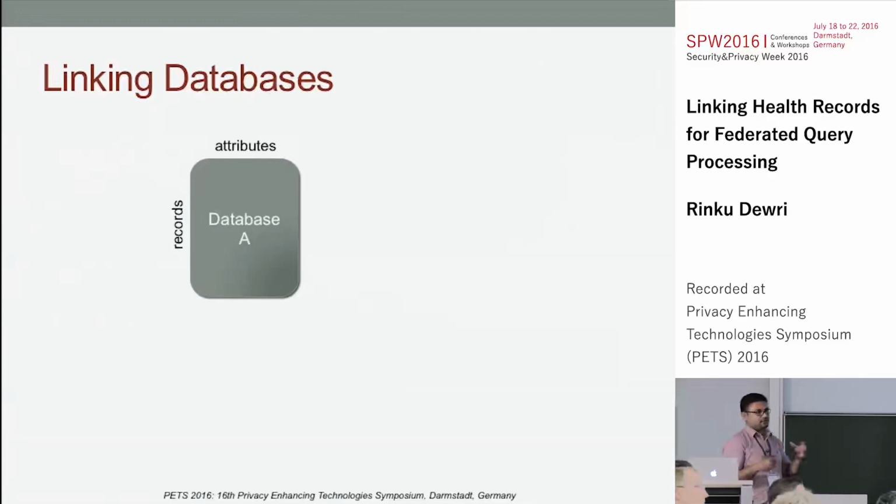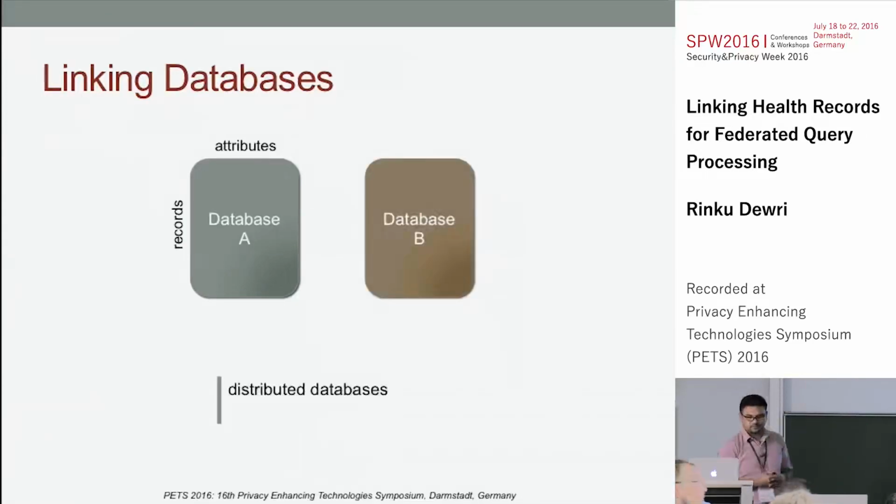The application scenario we were looking at was health records, so attributes could be related to the medical condition of an individual, and part of the attributes would be demographic data, name, and identifiers like social security numbers or address, and so on.